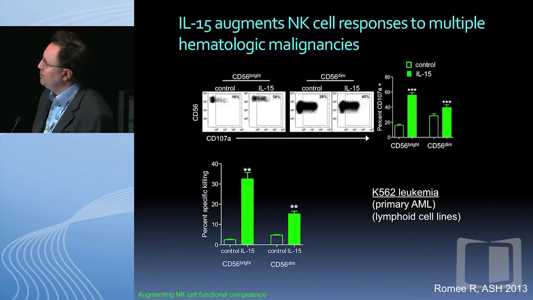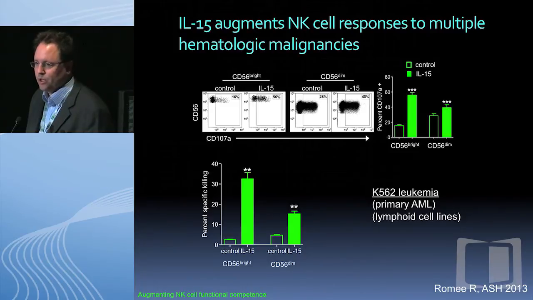So there's been a big push to look at IL-15 more closely in the clinic because it doesn't have this effect on Tregs and may be uniquely altering NK cell and CD8 positive T cell responses.